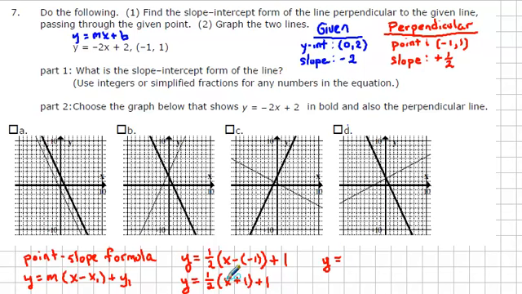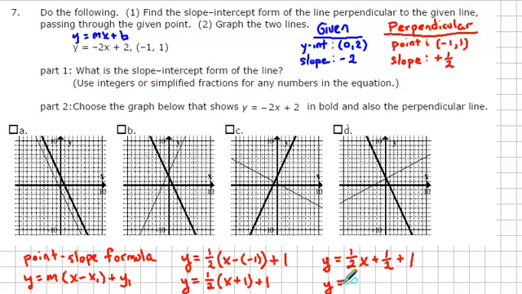We can now distribute the 1/2 through the parentheses. 1/2 multiplied by x is 1/2 x. And then we also need to multiply 1/2 by 1, and 1/2 times 1 is 1/2. And then we need to remember to add 1.